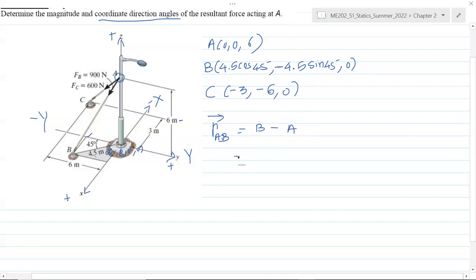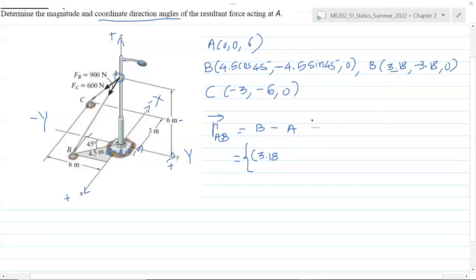Now 4.5 cosine 45 is 3.18. So B is now 3.18, minus 3.18, and 0. 4.5 sine 45 is also 3.18. So we can subtract the coordinates of A from coordinates of B. It's 3.18 along x.